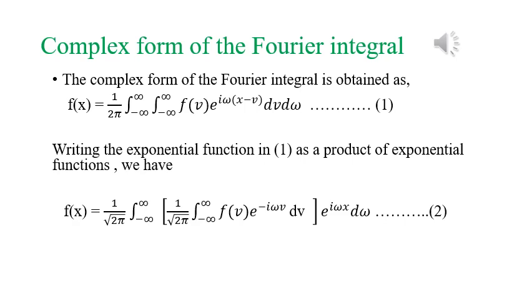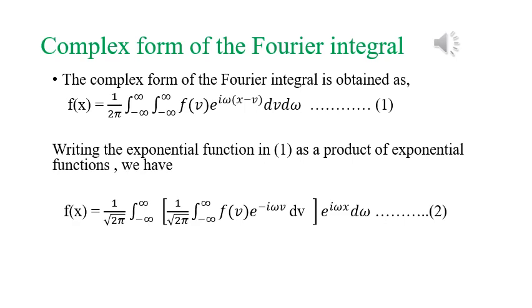So this Fourier integral representation can be converted to a complex form like f of x is equal to 1 by 2 pi double integral minus infinity to infinity f of v e raised to i omega (x minus v) dv d omega after certain steps.